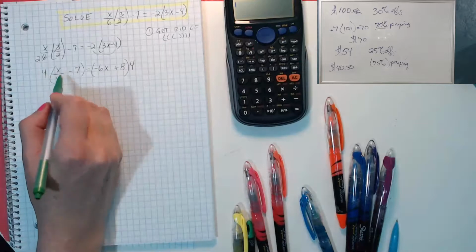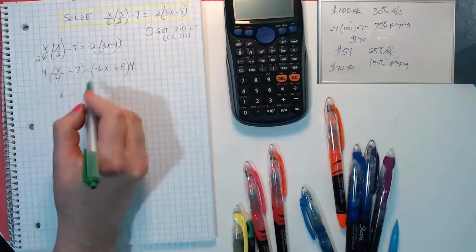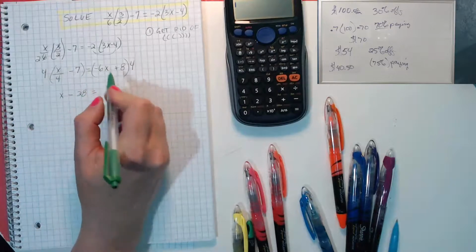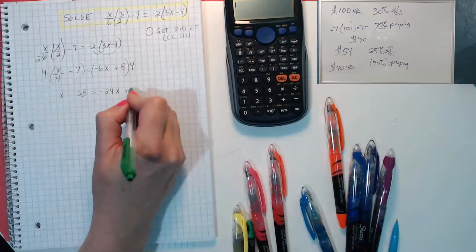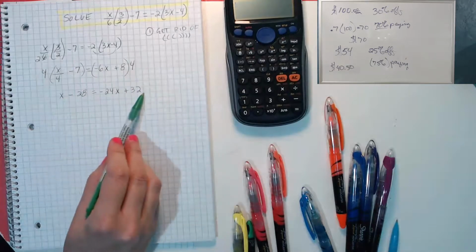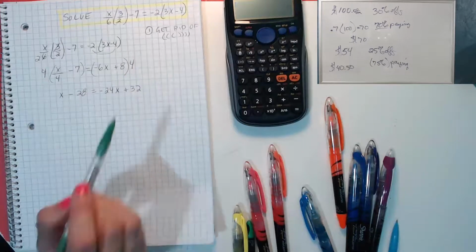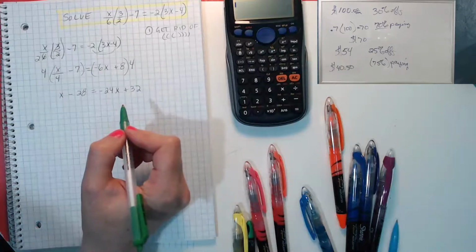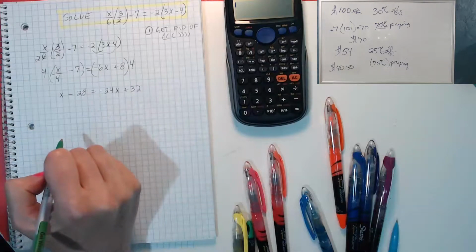So 4 times x over 4, that'll cancel out. I'll have x minus 28 equals 4 times negative 6, negative 24x plus 32. So this is a lot easier for me to work with without having any errors with fractions. Okay. So we have to get x on one side, right?